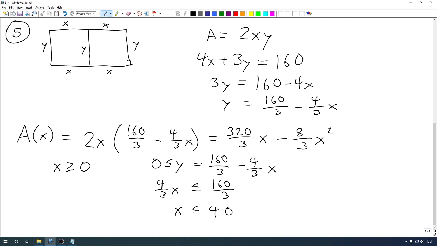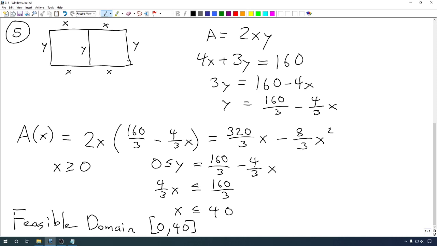Essentially, my feasible domain here is going to be the closed interval from 0 to 40. Those are the possible values of x that we can work with.